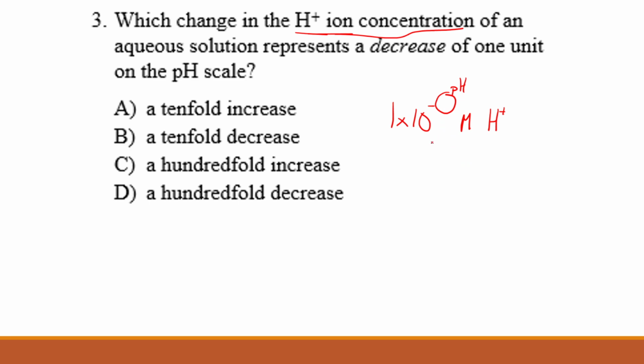Our shortcut for pH is that if you take any concentration, like 0.001, and put it into scientific notation, 1 times 10 to the negative 3, that means your pH is this value.